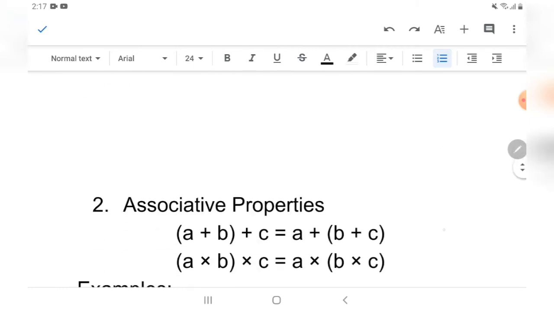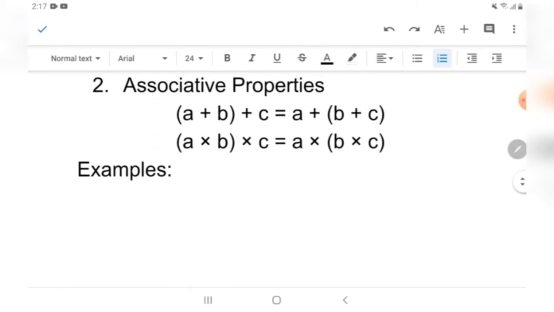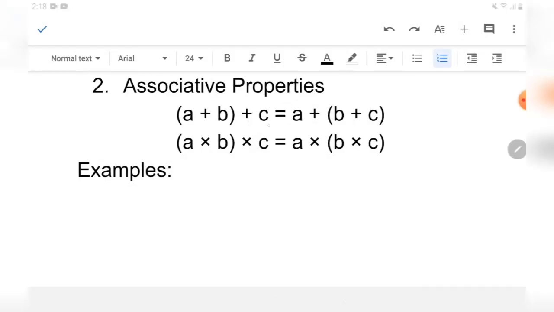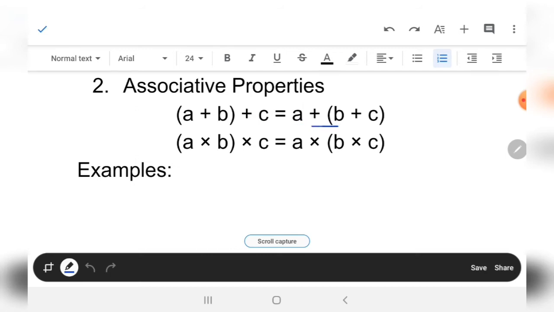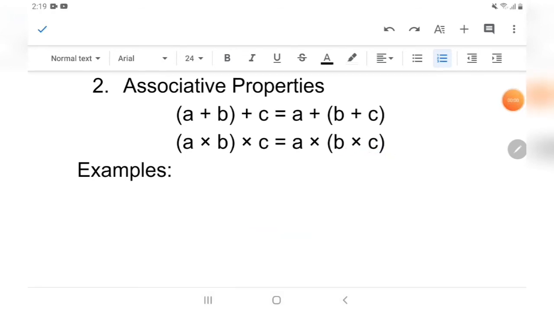Associative properties. Associative properties, for example, A plus B, we discussed already that the brackets, plus C equals A plus B plus C. And A times B times C equals A times B times C. Okay, let's take example.